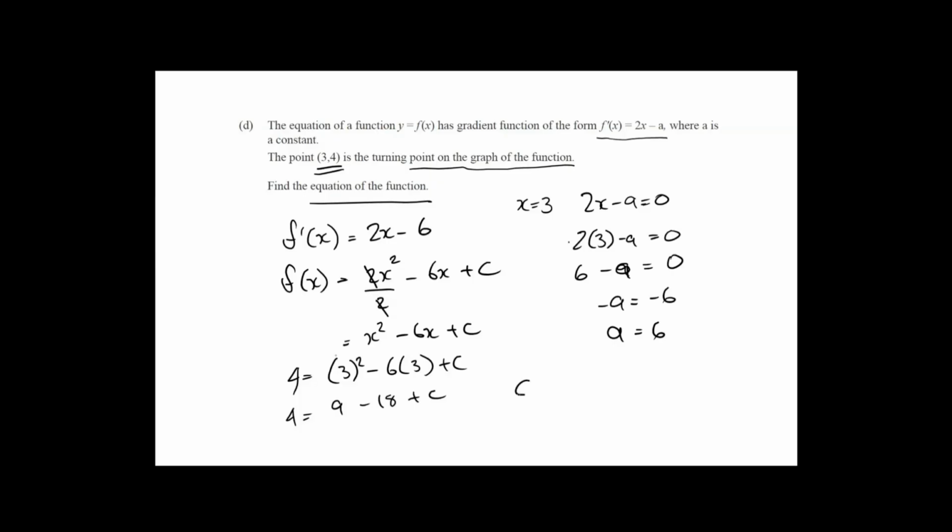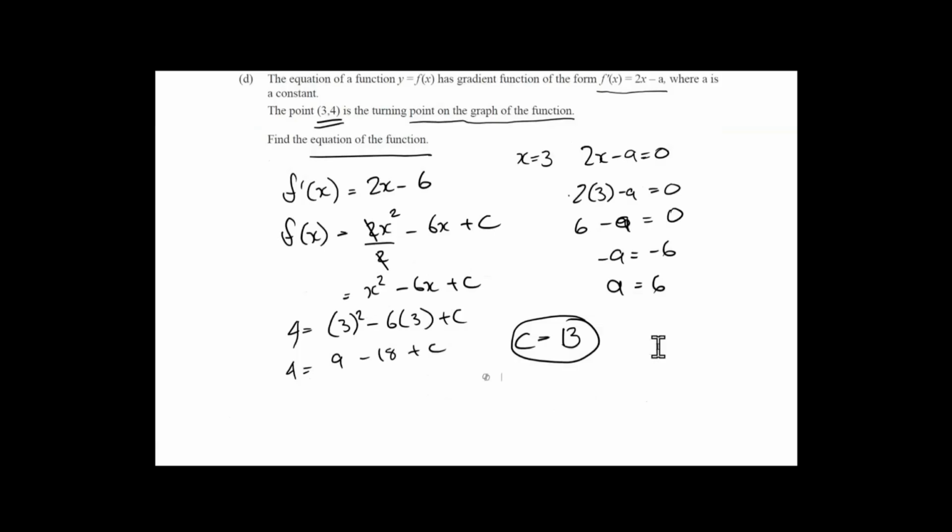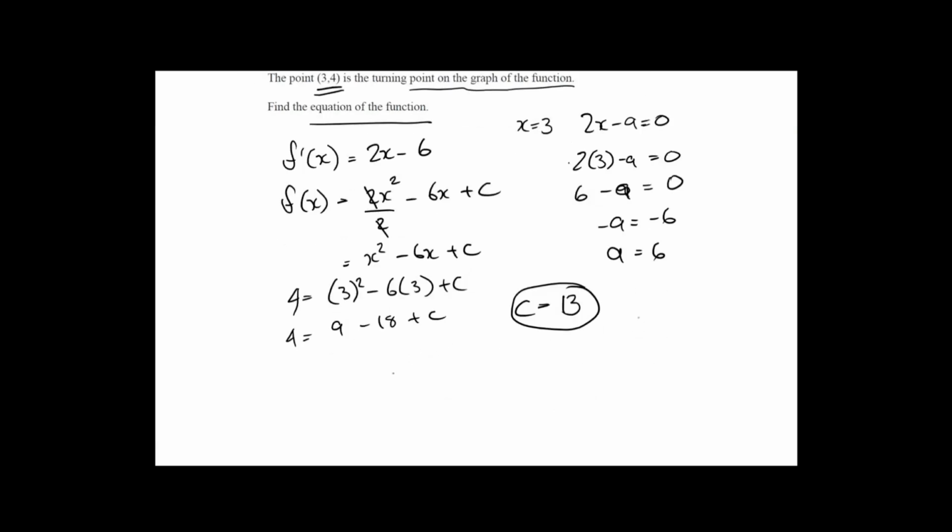So therefore c must be equal to 4 plus 18, which is 22, minus 9 is 13. So therefore the original equation must be f of x is equal to x squared minus 6x plus 13.